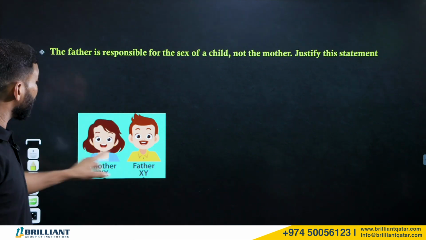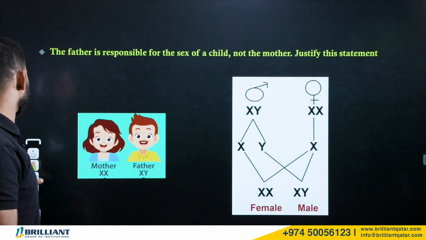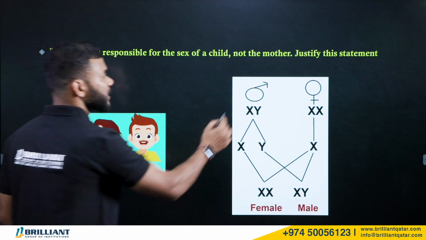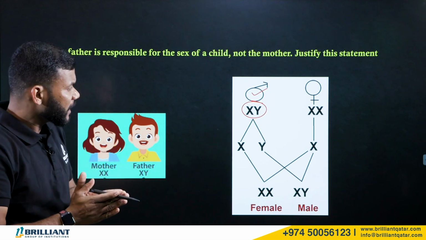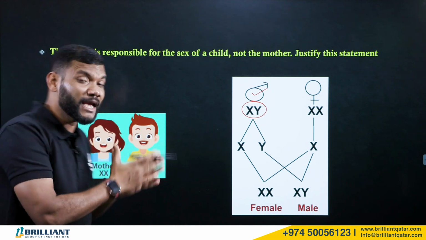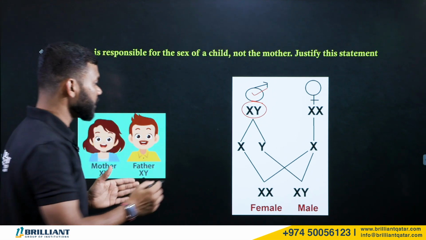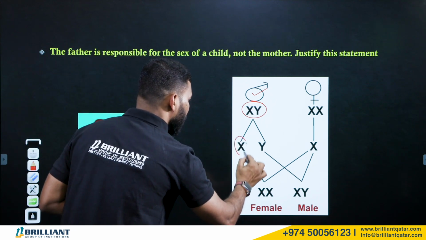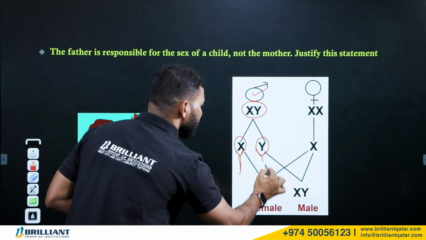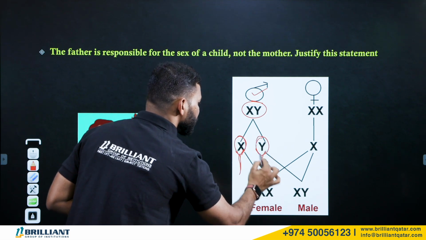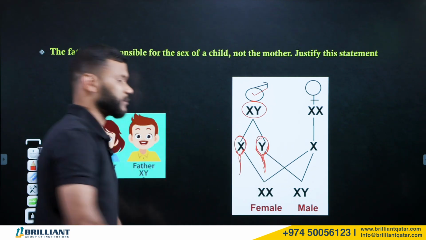Now, what is the role here? Look here, this is the male. Male has the chromosomes XY. When the male produces the male gametes, the sperms, some of the sperms will have the X chromosome and some of the sperms will have the Y chromosome.